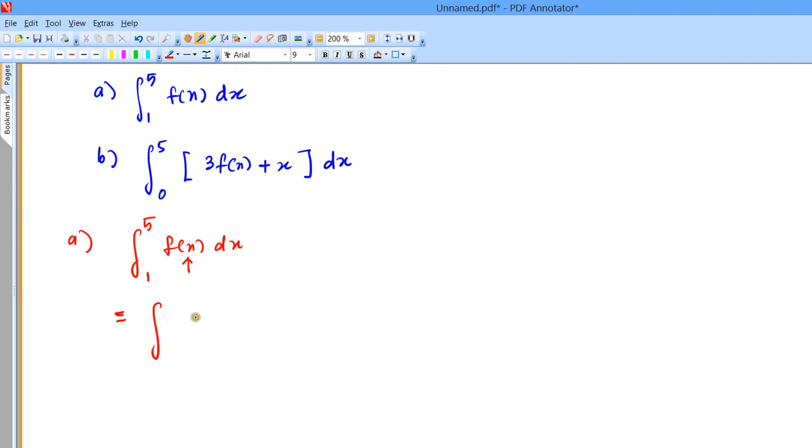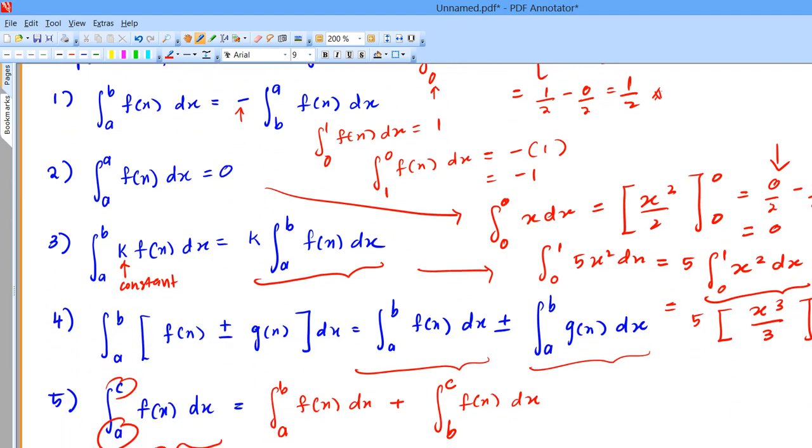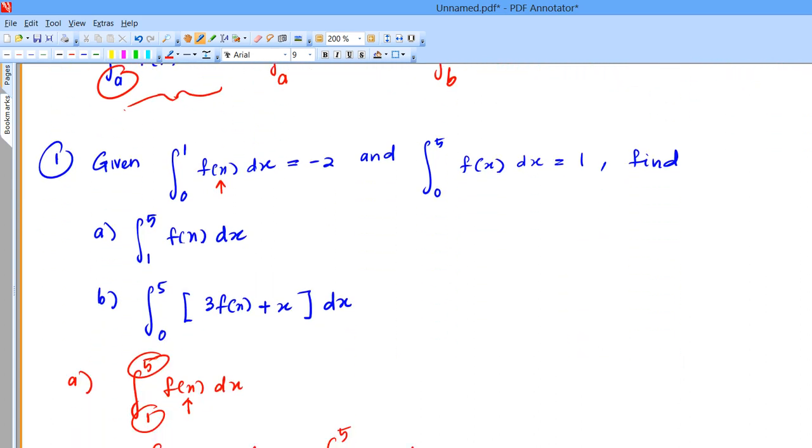So integrate f(x) dx plus integrate f(x) dx, and then we have lower limit 1 and upper limit equal to 5. And then based on given information, we have value 0 here. So just put 0.